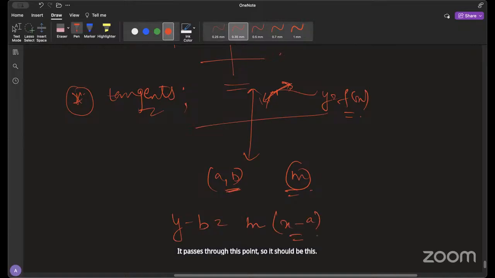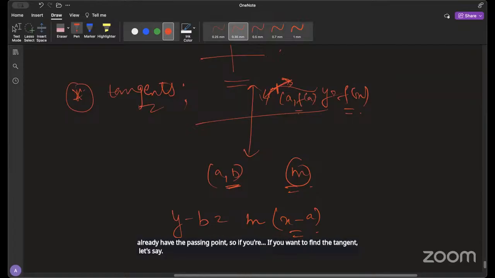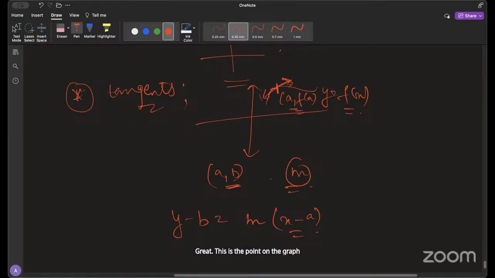Yeah, this is it, right? So you already have the passing point. If you want to find the tangent at (a, f(a)), a point on the graph, you'll have y minus f(a), the slope, and then x minus a. So we just need to find this thing.